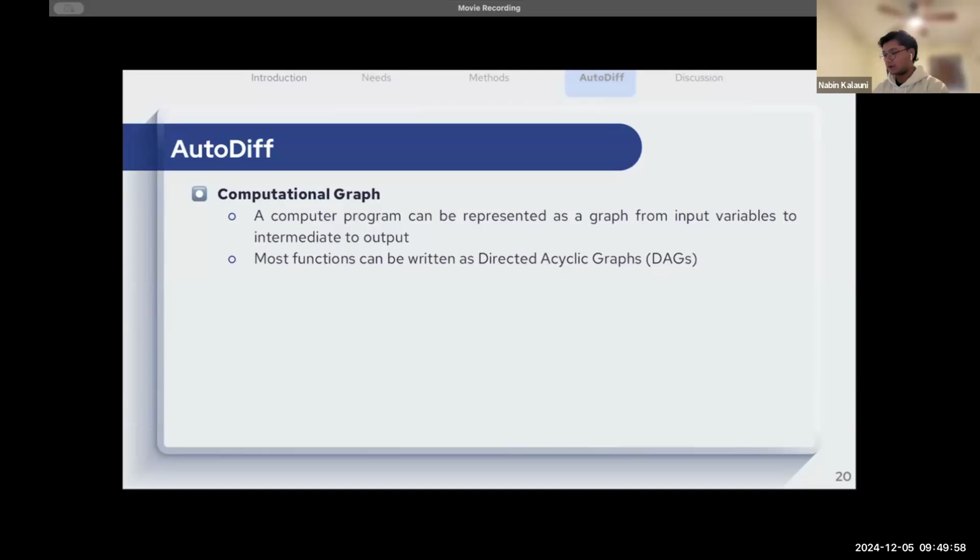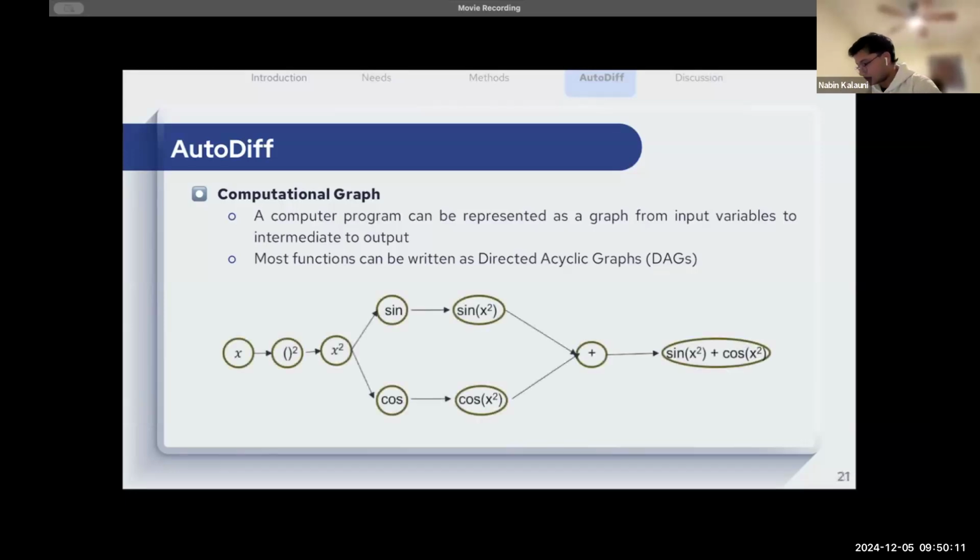Directed means that it flows from one direction to the other, from the input to the output. Acyclic means that there are no loops, right? If it's a function, there's not going to be any looping back. As an example, I decided to pick this simple function, probably not the best choice, but just something to get an idea of what it would look like.